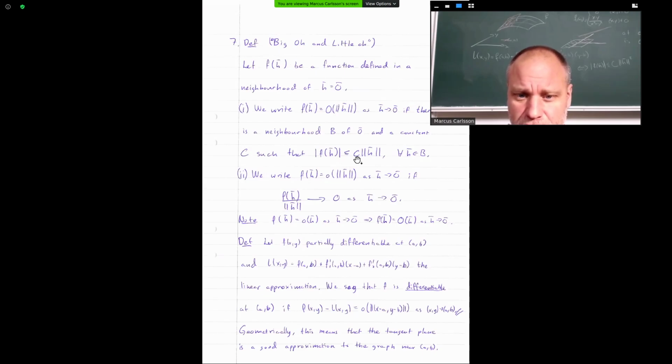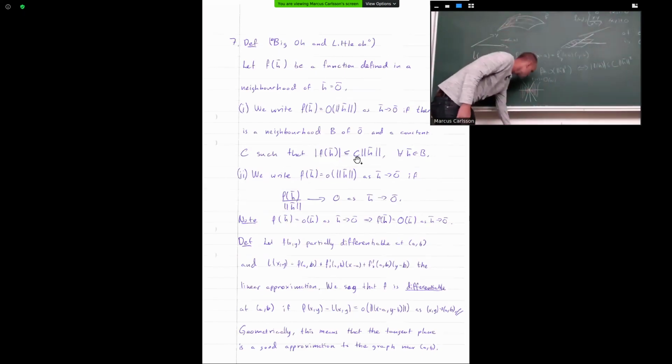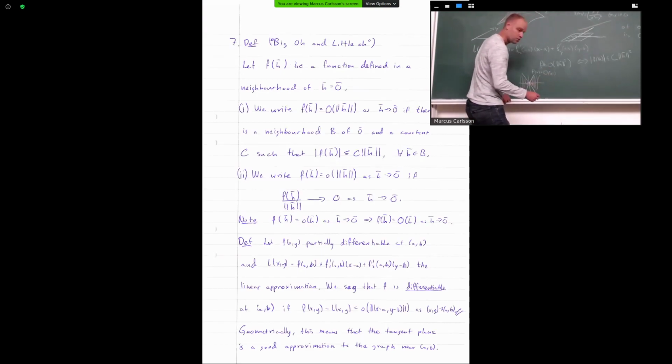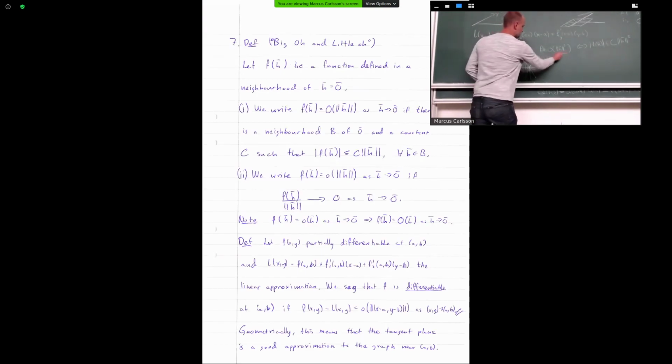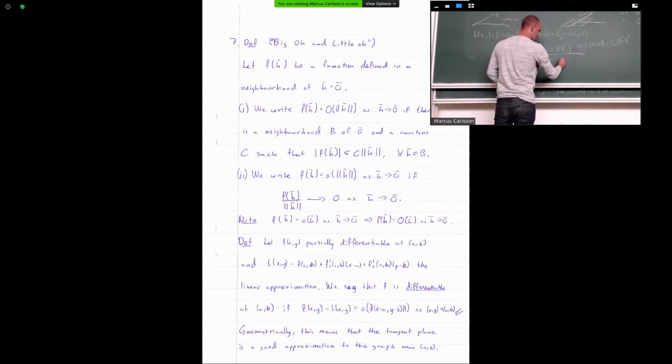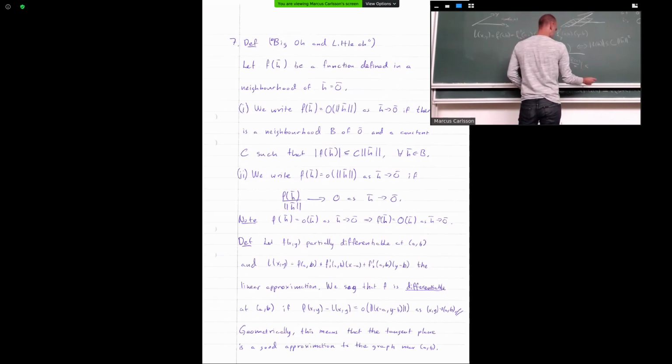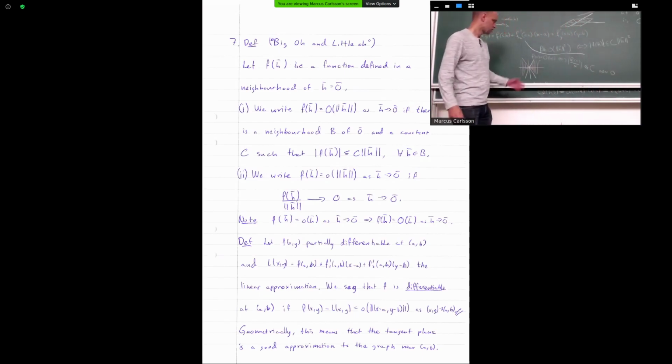So in this situation here on the blackboard, saying that f of x is big O of modulus x, that's the same as saying that f of x divided by x in norm is less than or equal to some constant c near 0.